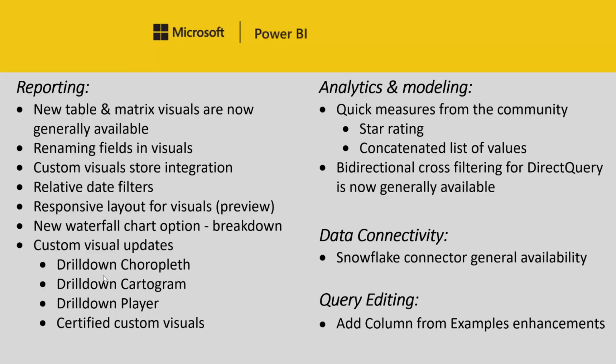The last feature on my list for the July update is another enhancement to our Add Column from Examples feature. This is the really powerful feature we released a couple of months back that lets you, in the query editor, create new columns just by typing in a couple of examples of what you want the column to look like, and it will automatically figure out what transformations need to be applied and apply them to the entire column.